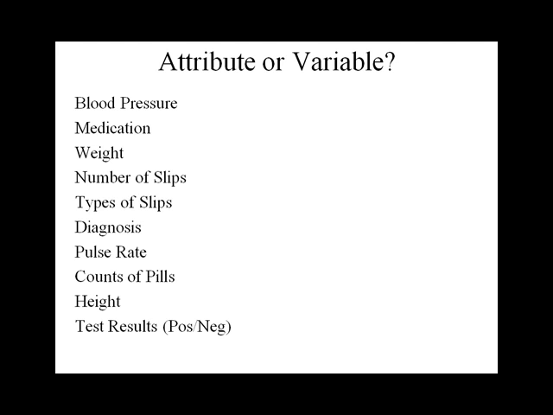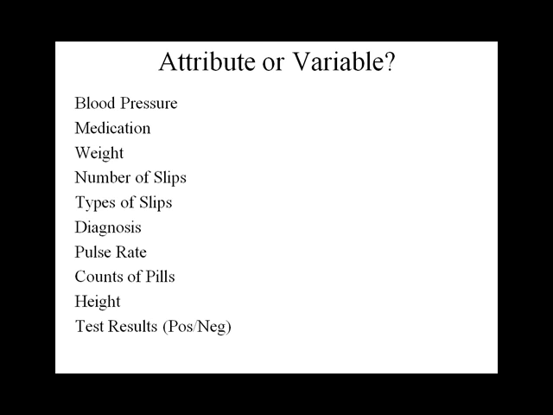We count the number of slips, so this is attribute data. Types of slips. The different types of slips are placed into different categories, so attribute here also. Diagnosis. There are many different types, but this is not a measured item. This is attribute data.